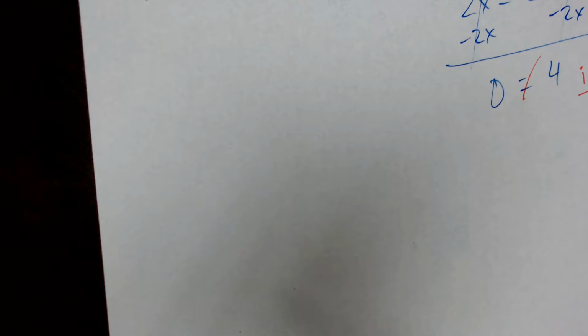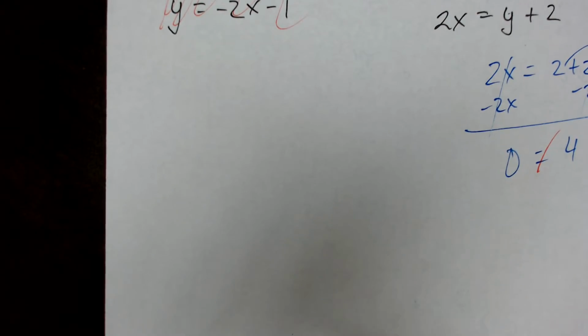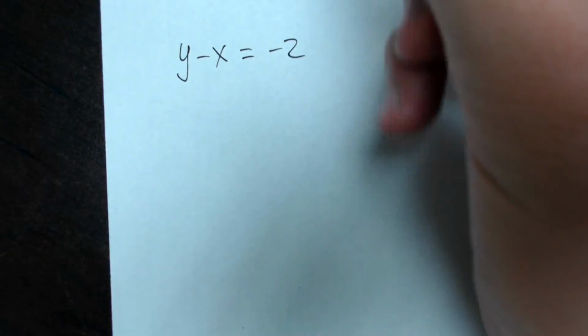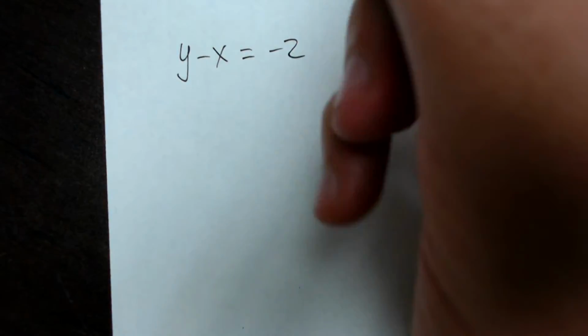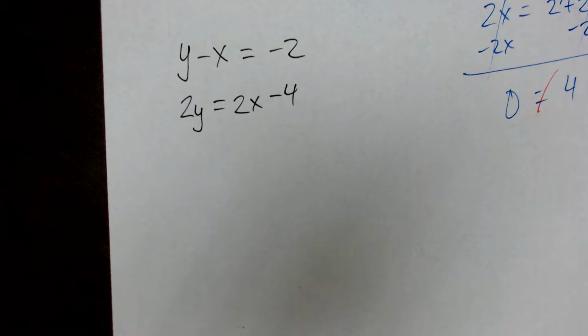So if we do a dependent equation, we'll get something like this. We could have that y minus x equals -2, and then we can also have that 2y equals 2x minus 4, right? So we've got two equations.